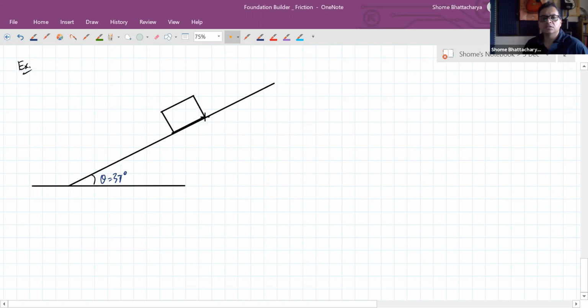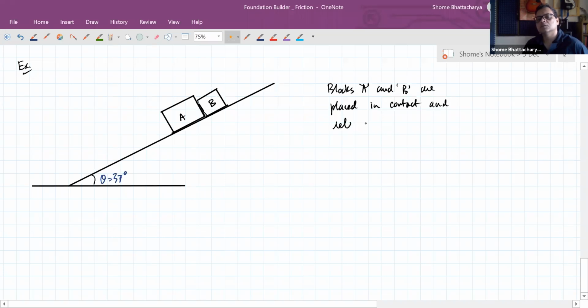These blocks A and B are placed in contact with each other and released from rest.